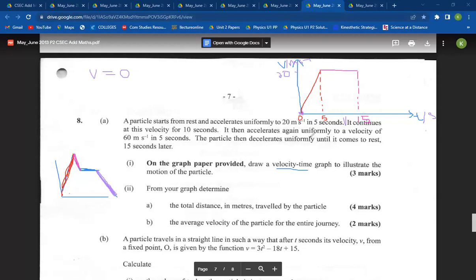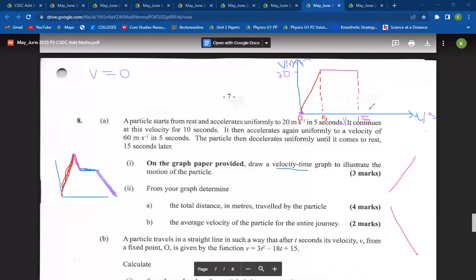Accelerates meaning that, so we know acceleration is the gradient of the thing, right? Uniformly meaning that it's a constant acceleration, so I'm looking at a straight line. But is my line going uphill or is it going downhill? Well, the answer is uphill because it goes from 20 to 60, right?